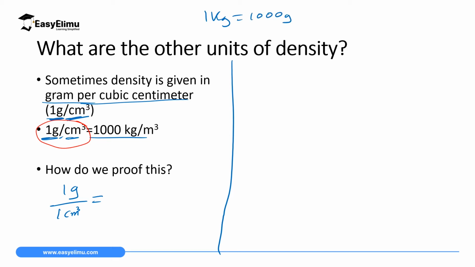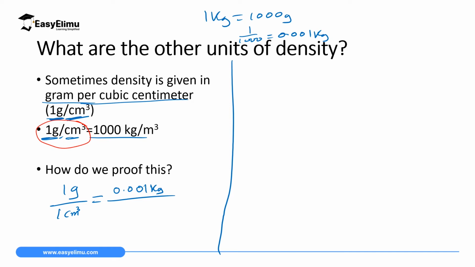Then 1 gram in terms of kgs is 1 divided by 1000, which gives us 0.001 kg. So the mass we have in 1 gram is 0.001 kg. Then you divide by 1 cubic centimeter.